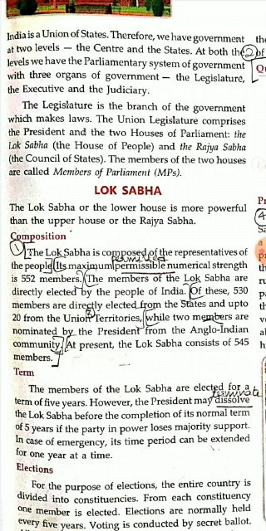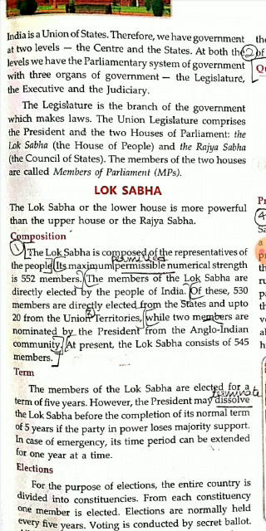And after that, 20 representatives are elected from the union territories, and the remaining two members of the Lok Sabha are nominated by the president, and these 2 members are from the Anglo-Indian community.